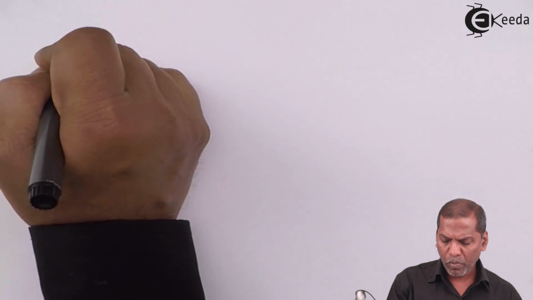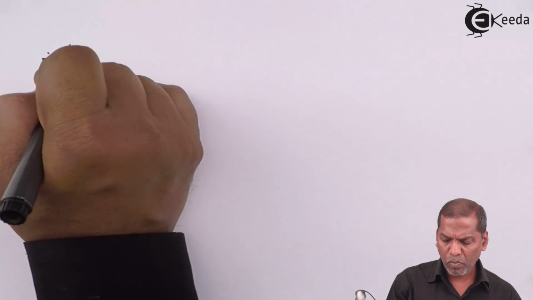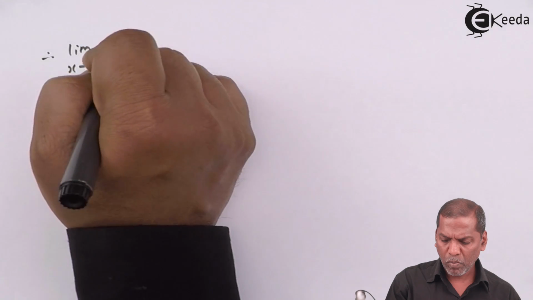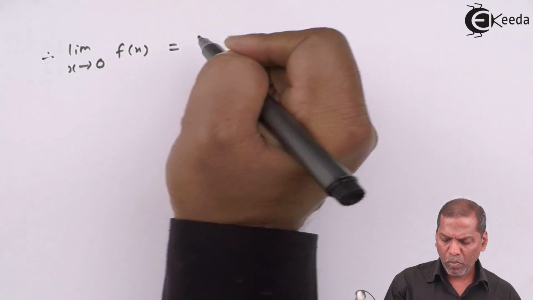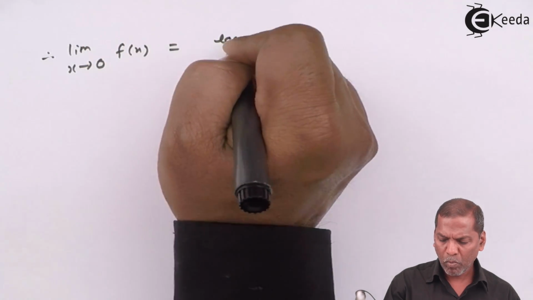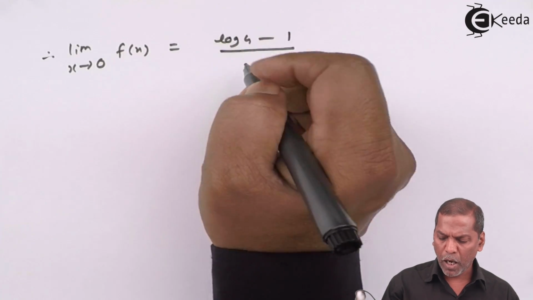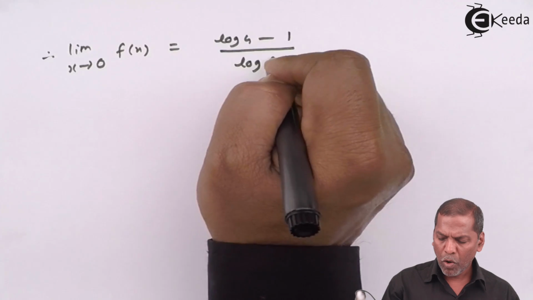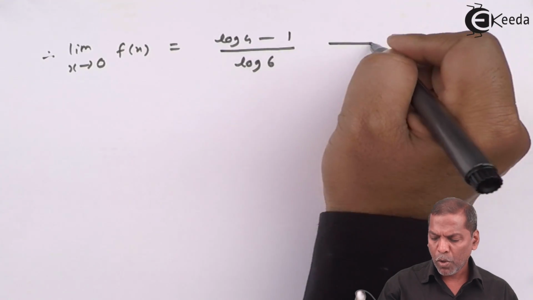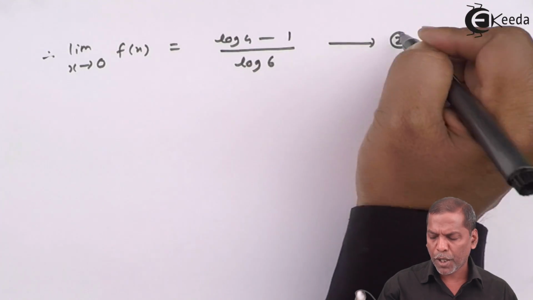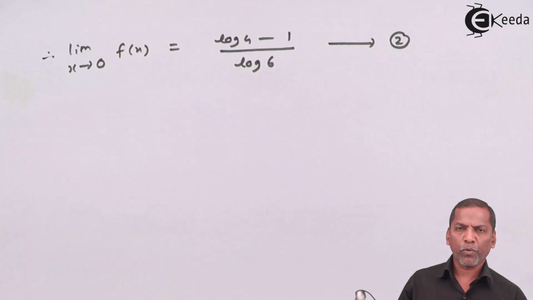So in this way we get limit x tends to 0 f of x is equal to (log of 4 minus 1) upon log of 6. Let us denote this as equation 2.